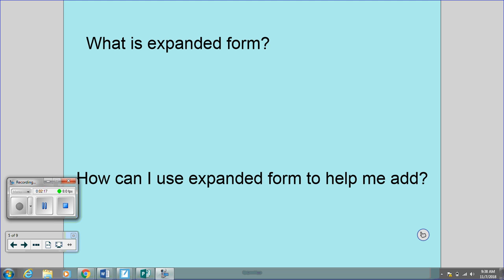I guarantee you've written some expanded form in your notebook if you have no idea. The answer is not on my pretty face. What is expanded form? Elliot, what is expanded form? It's hard to explain.